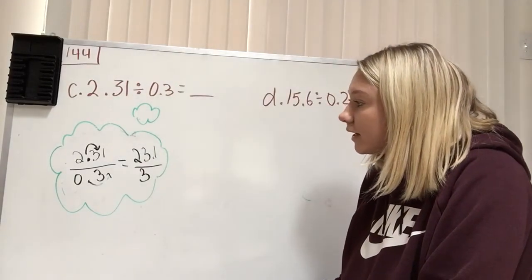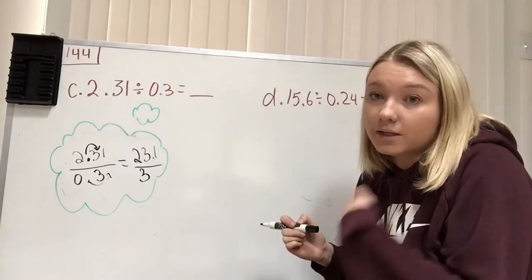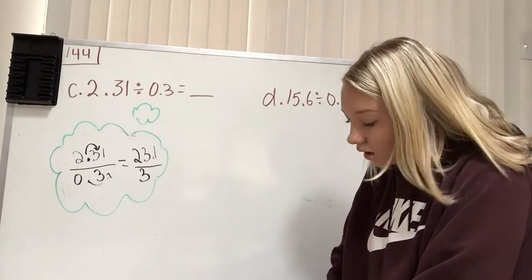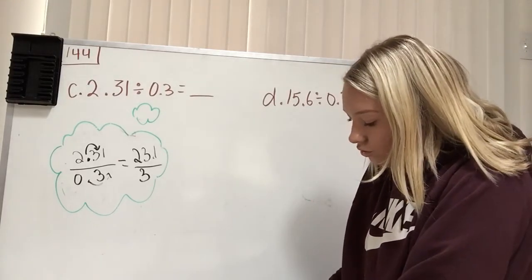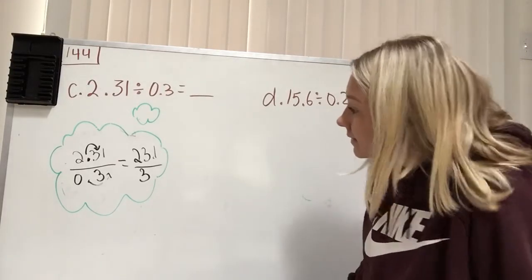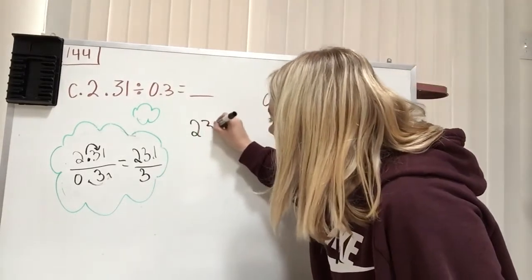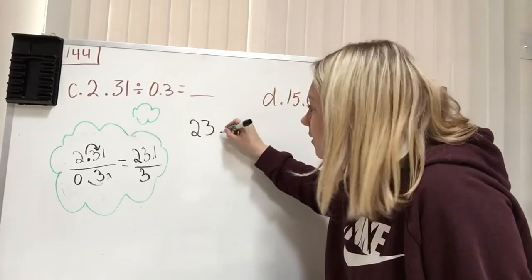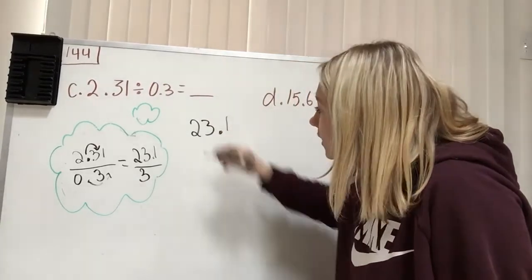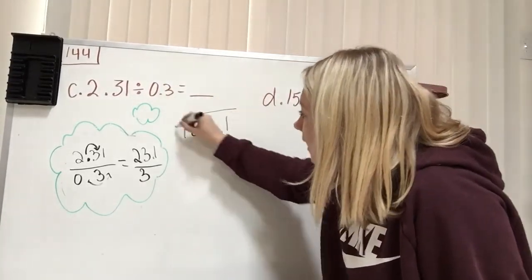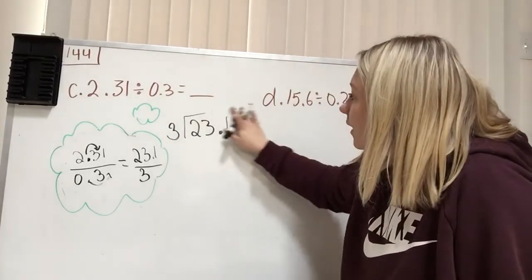So 23, because I know that 3 goes into 23, right? So my next step would be to just divide. So I have 23 and 1/10, and then I'm going to divide it by 3, okay?